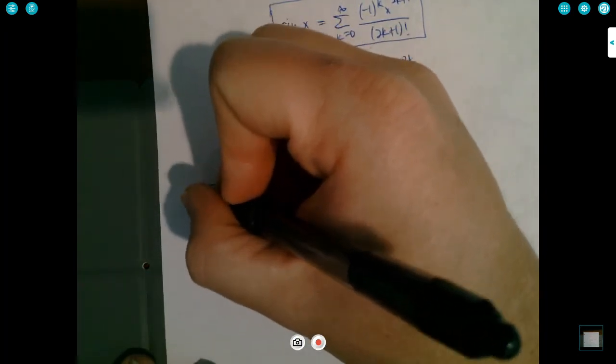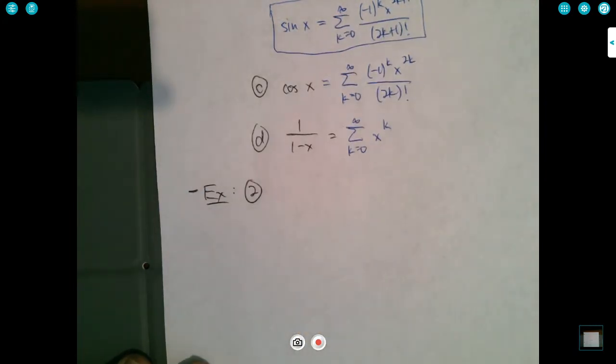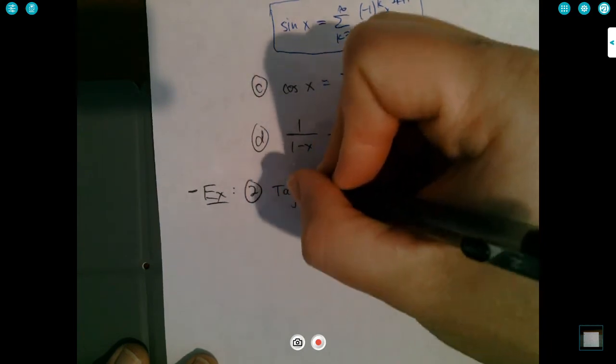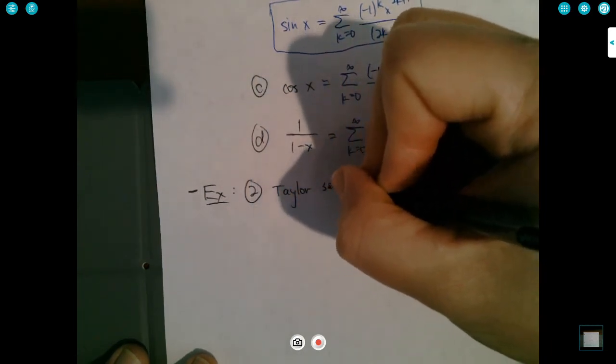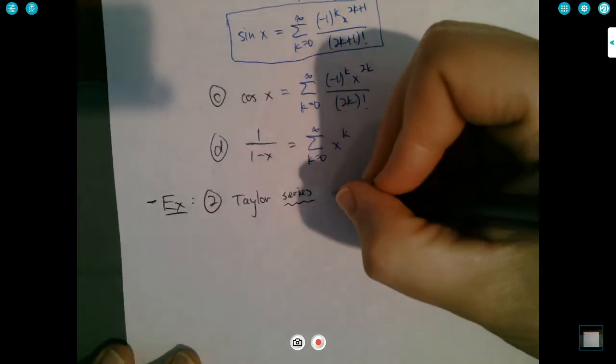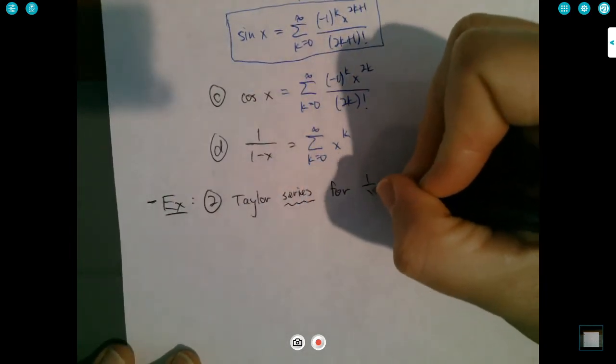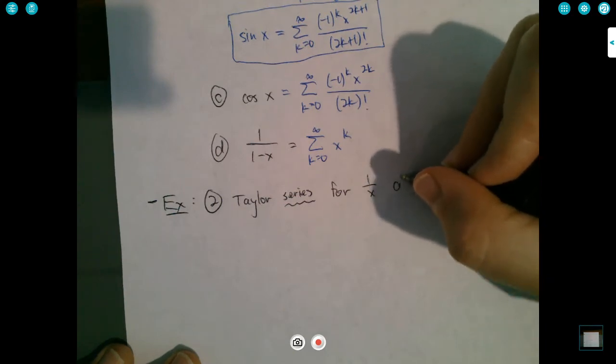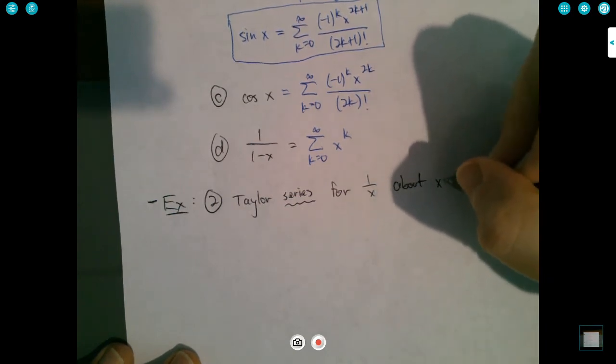So, for example 2, let's use our work from the previous section to write the Taylor series for 1 over x about x equals 1. So we want the Taylor series, right? Not the Taylor polynomial, but the Taylor series for 1 over x about x equals 1.